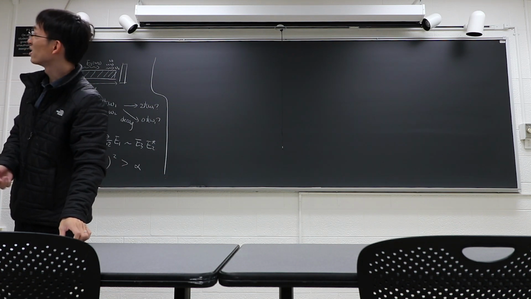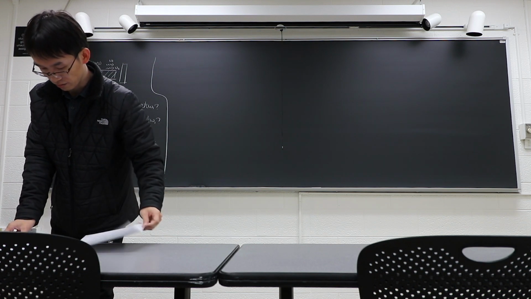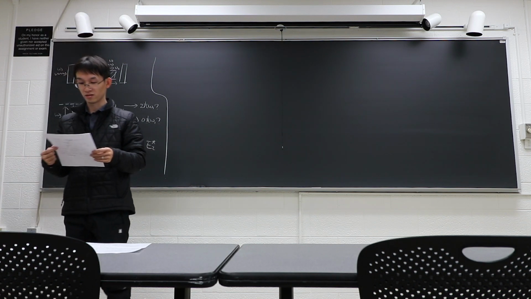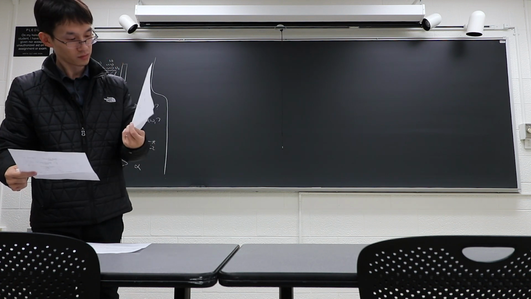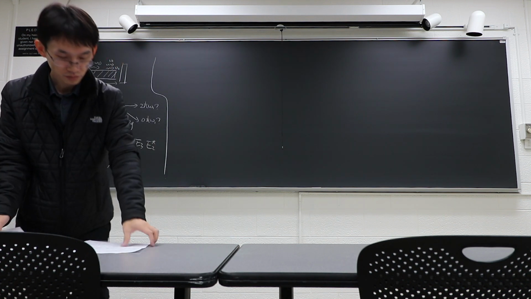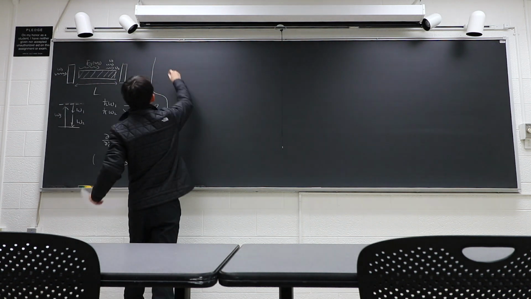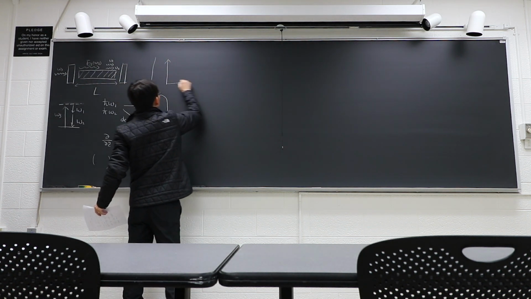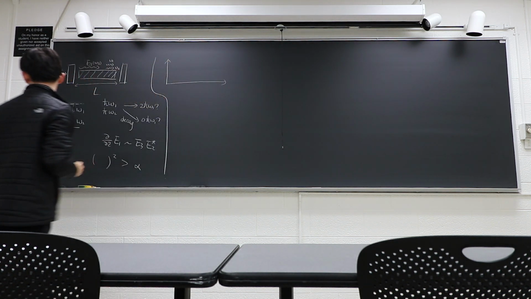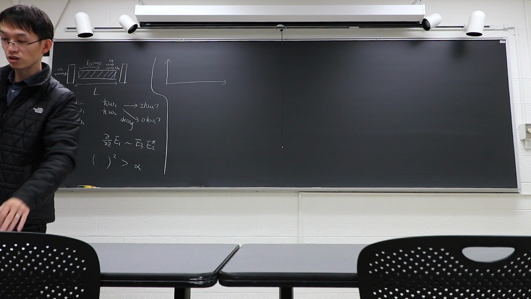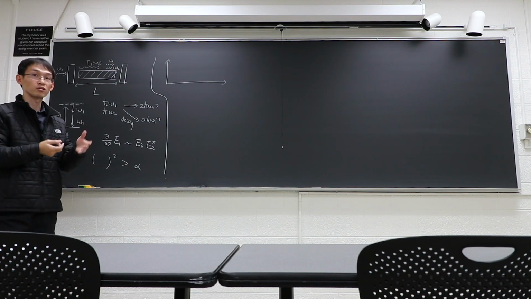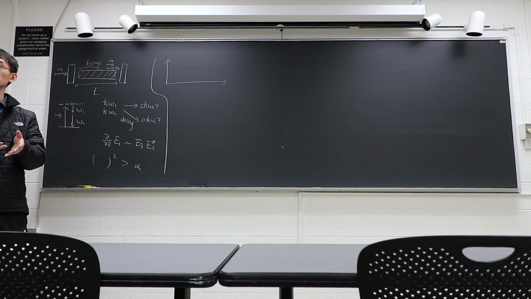There are actually many ways to calculate the threshold. Maybe let's first do a picture here. What do we mean by threshold? Usually in a laser, the threshold is the current you put into your laser.